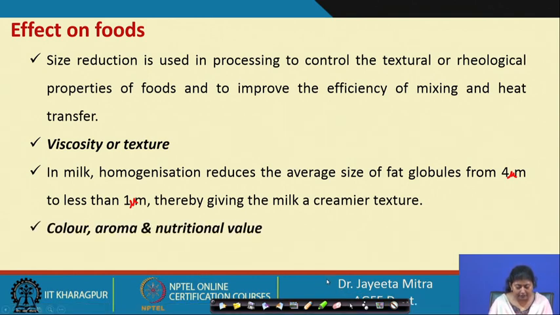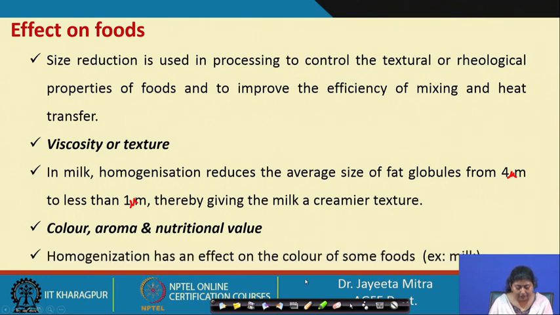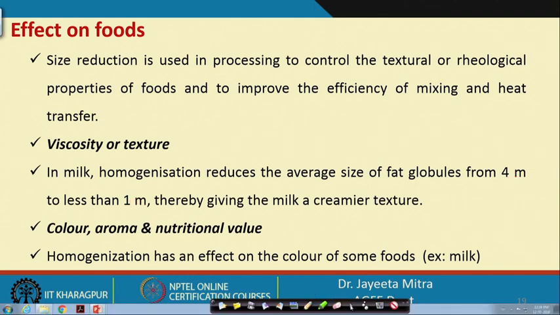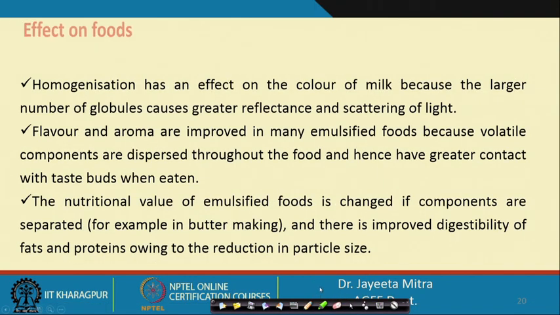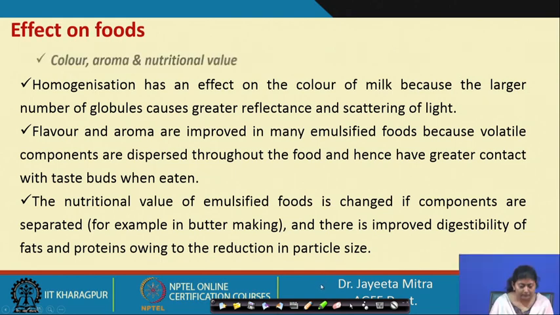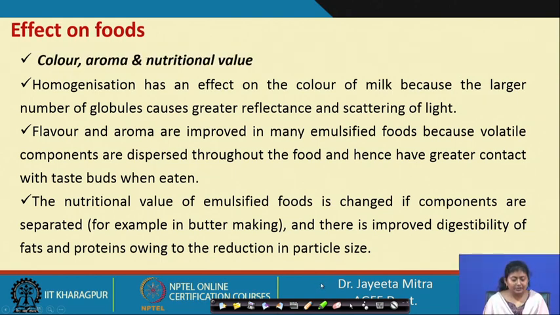And for color, aroma and nutritional value, homogenization has an effect on the color of some foods, for example, milk. It affects the color of the milk because a larger number of fat globules cause a greater amount of reflectance and scattering of the light.